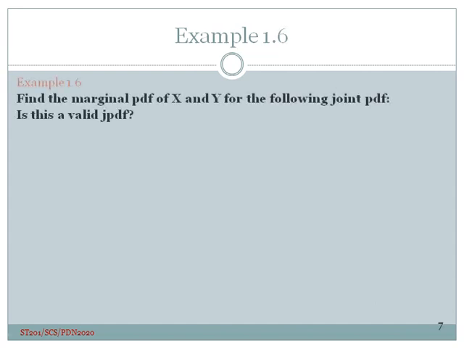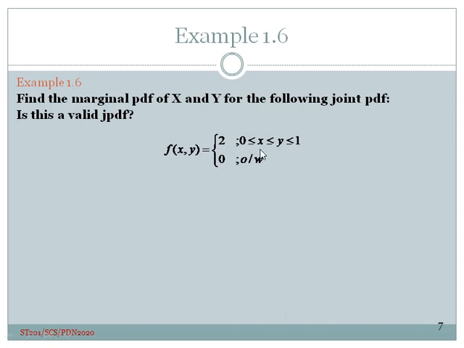Let's look at another example. Can you find the marginal PDFs of x and y for the following joint PDF? Is this a valid joint PDF? In this example, the support of x and y are depending on each other.